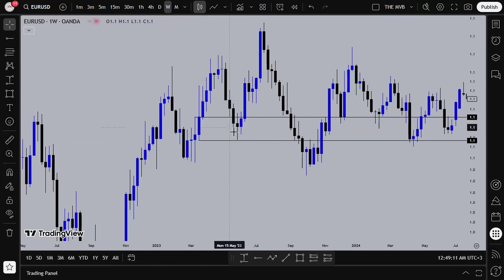You can see price came inside and took that order. So you go on to the lower time frame and you refine that area to look for a suitable entry to place an order. That is how we find areas of liquidity.